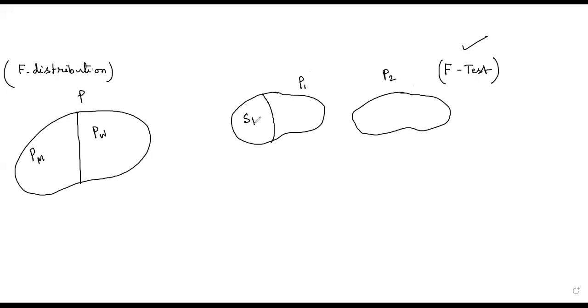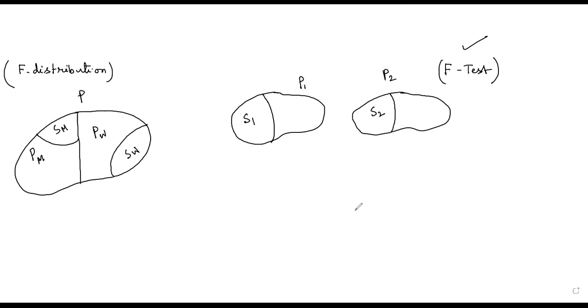This is my sample S1 from population P1, and this is my sample S2 from population P2. Or in the other case, we draw a sample SM from population PM, and a sample SW from population PW. So in various ways, samples can be drawn from the population.